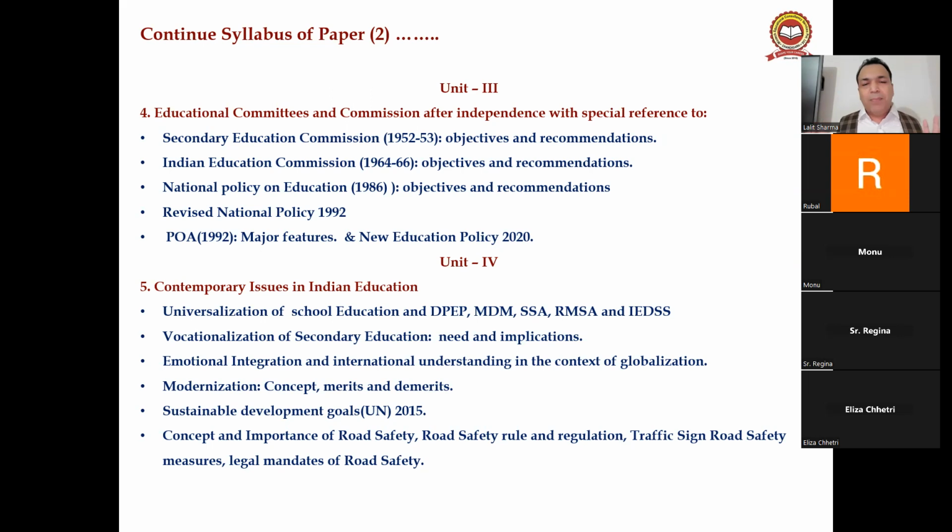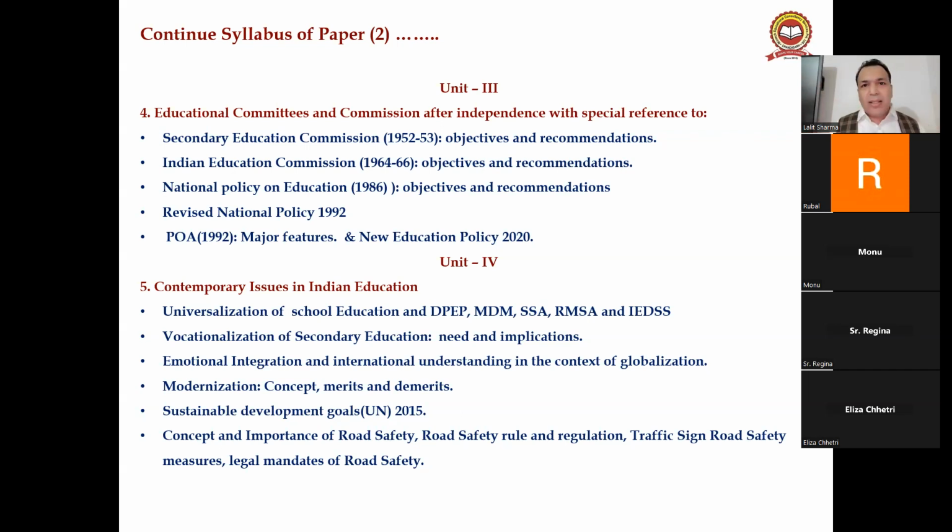So we should know that the question is talking about the Indian Education Commission 1964-66. For all four, the recommendations are important. Objectives, goals and characteristics are important, but mostly questions come from the recommendations.